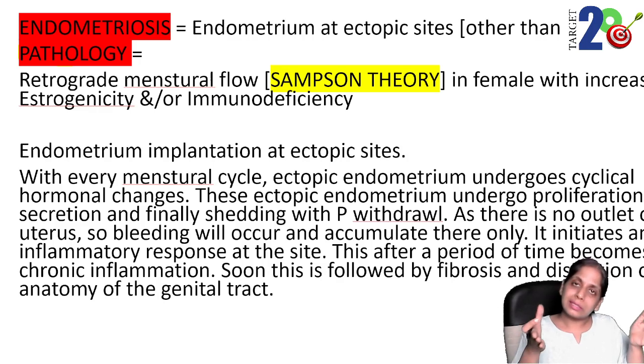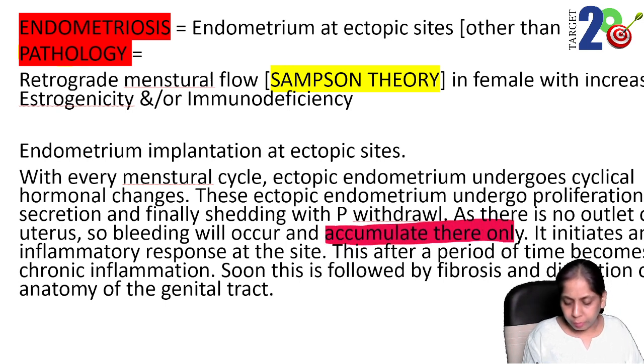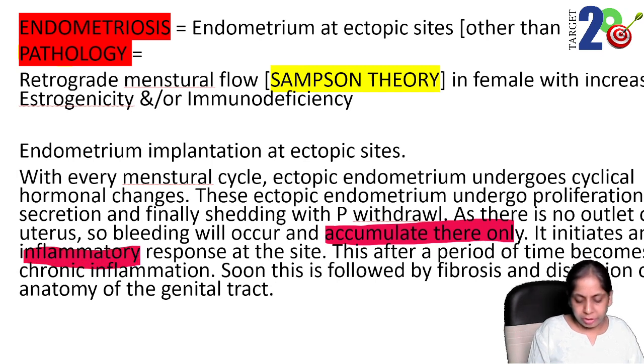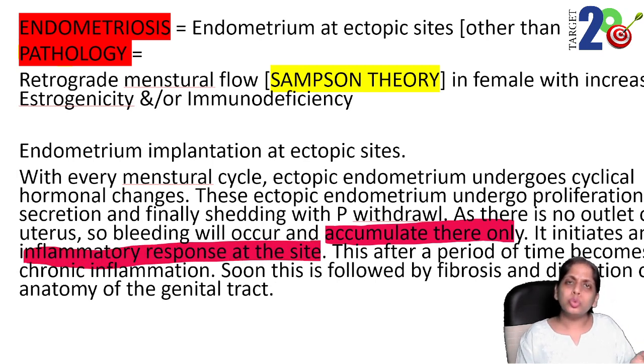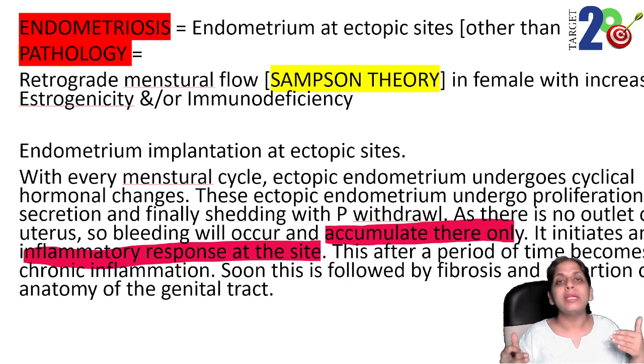So now the blood will accumulate there only, and this will start the inflammatory response at that site. Soon this inflammation will become chronic inflammation, because this has to happen every month.